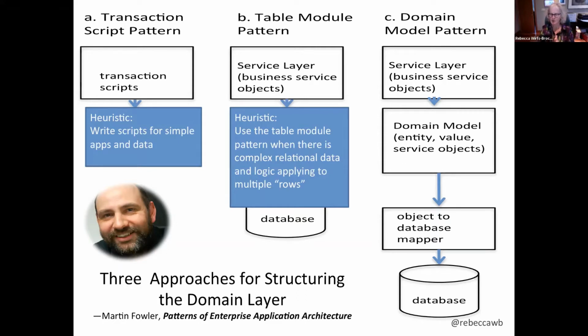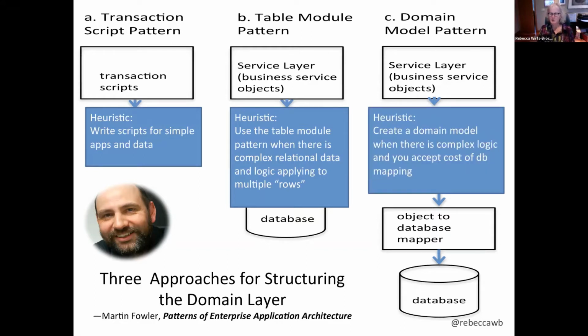This is back when relational databases were extremely popular. They're still quite prevalent, although we have other technologies. And then the domain model was create a domain model when there's complex logic and you accept the cost of the database mapping. So those are an example of 3 different ways to approach potentially even the same problem.